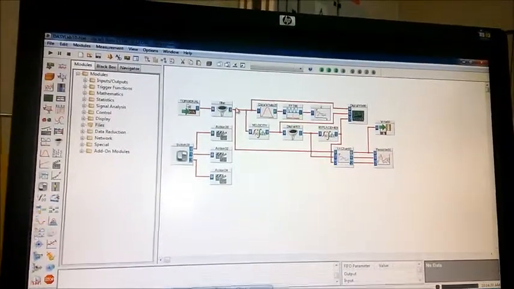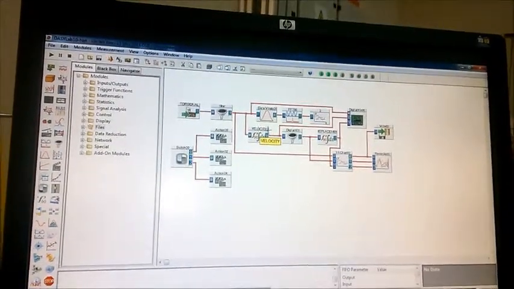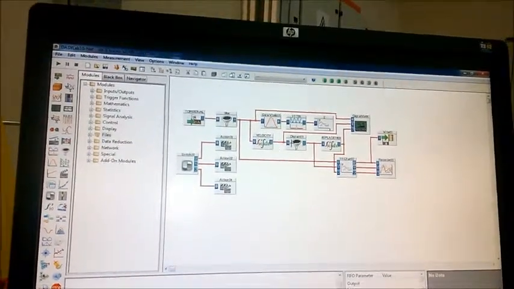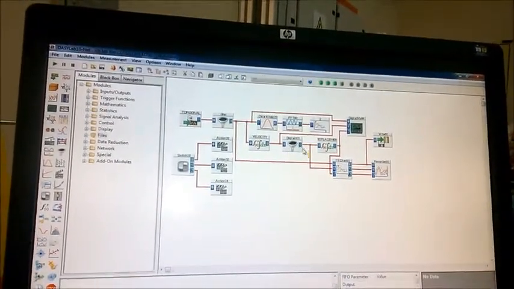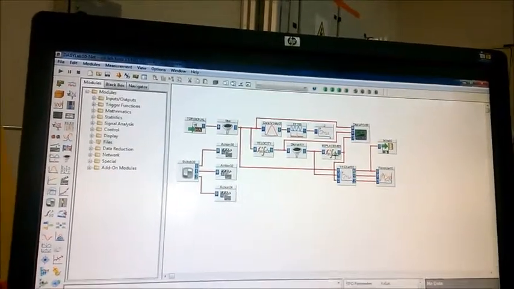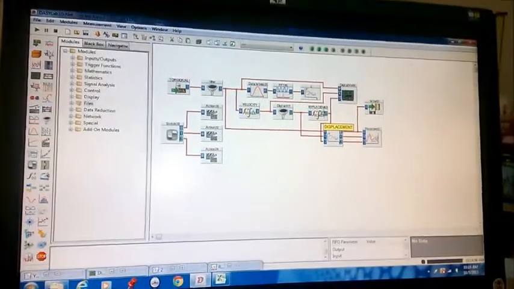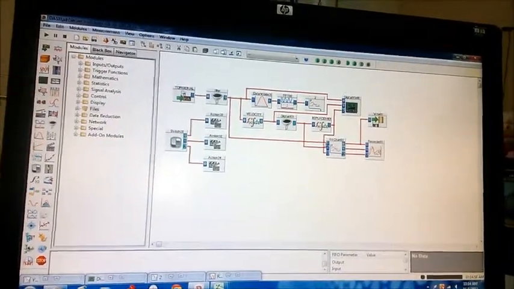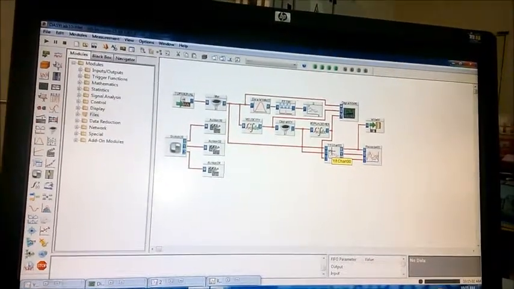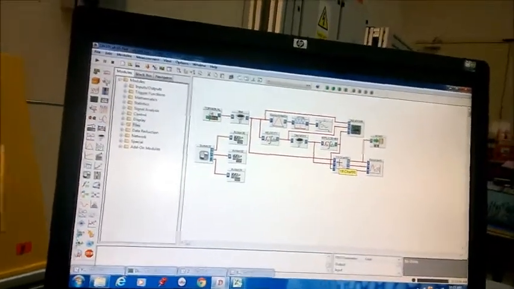After the filter we integrate to get the velocity, and we filter it to reduce the noise, and we integrate it again to get the displacement. Here the YT chart shows the graph of the acceleration, velocity and displacement.